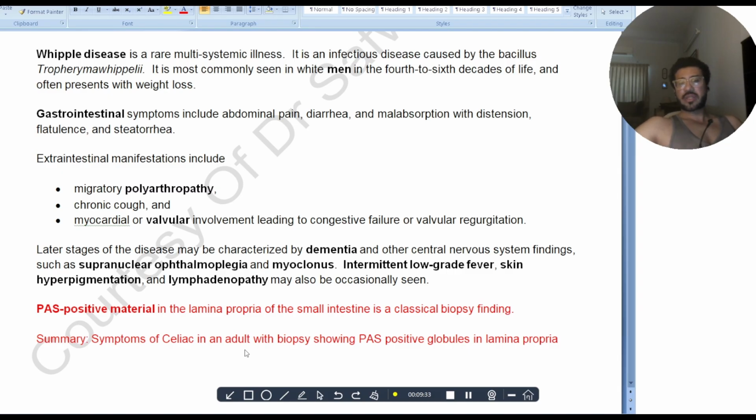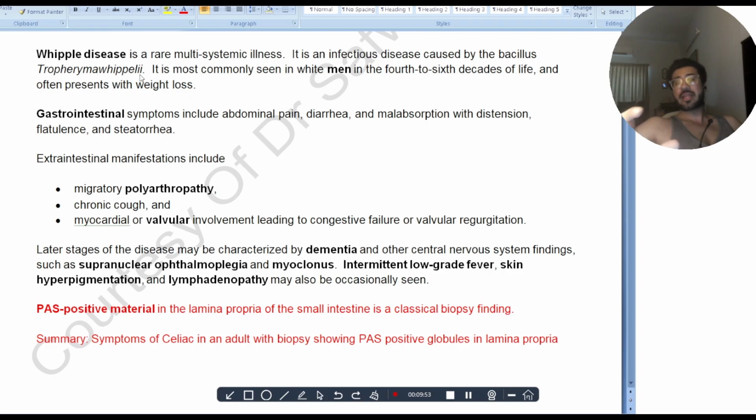But when you do a biopsy, you see this finding in histopathology, that is PAS positive globules in the lamina propria. What do these PAS positive globules indicate? These indicate the organism Tropheryma whipplei.